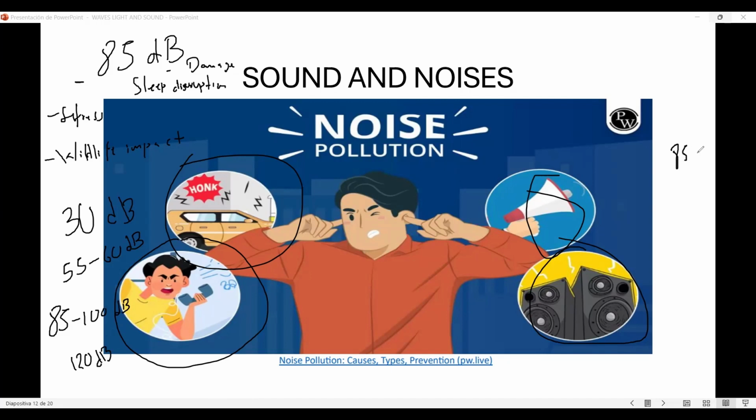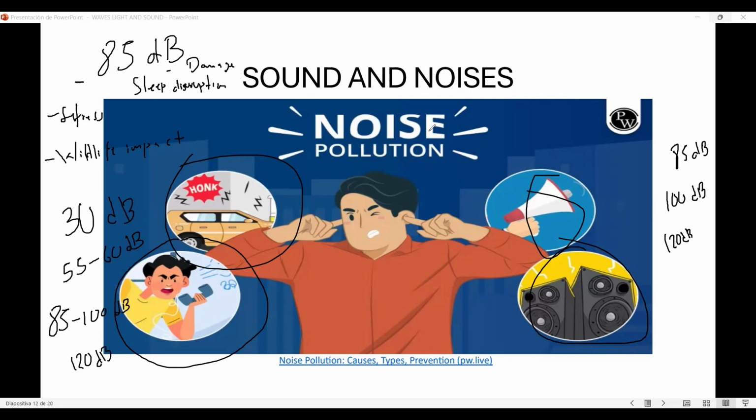We have 80, 85 decibels, so over 8 hours of being exposed to this, we can experience damage in our hearing. 100 decibels, to be exposed for more than 15 minutes is harmful. And 120 decibels will produce immediate risk of hearing loss with brief exposure, right? And this is the way that it works.